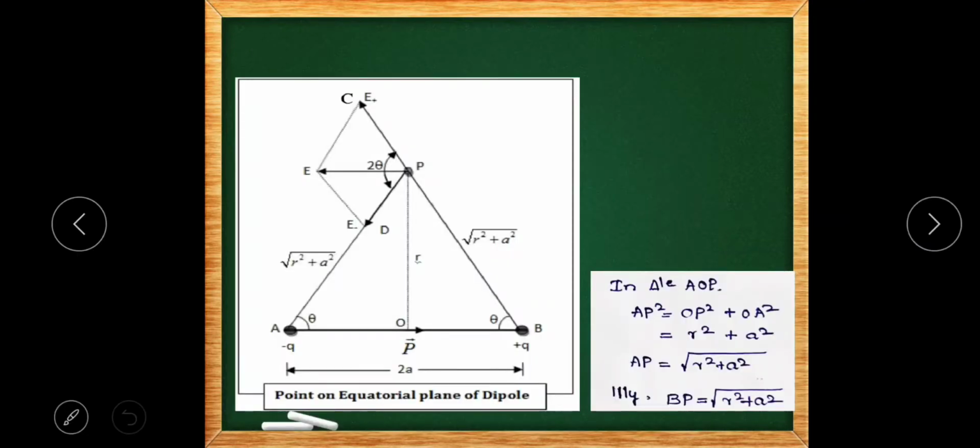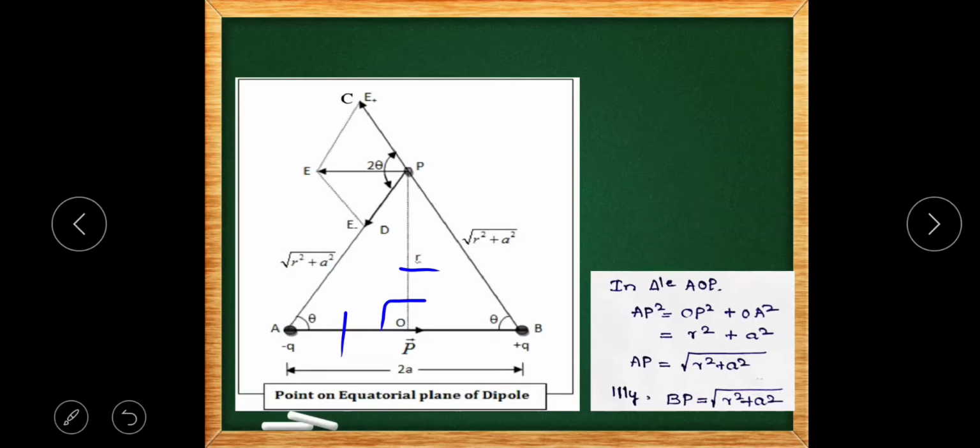Here consider the triangle AOP. In triangle AOP, AP square equal to OP square plus OA square, where OP square equals r square and OA square equals a square.